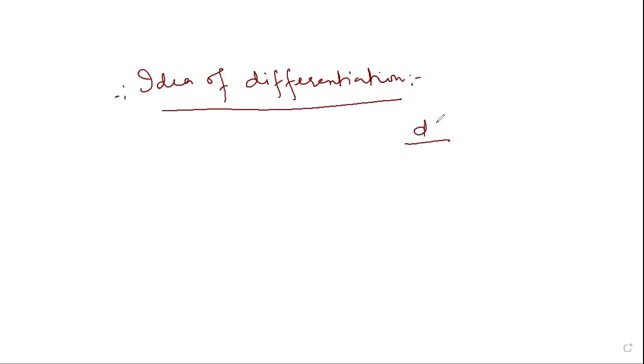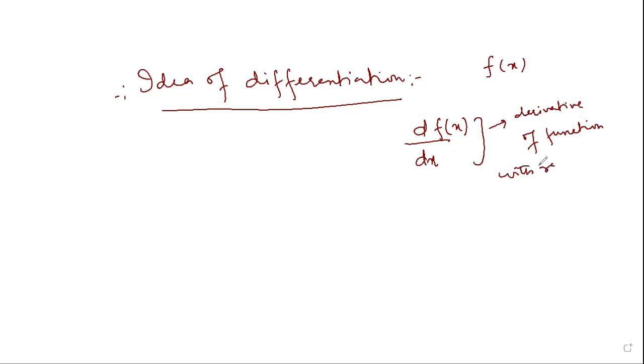if you have a function f of x, some function f of x, and if you write df of x by dx, we call it derivative of function with respect to x, right?